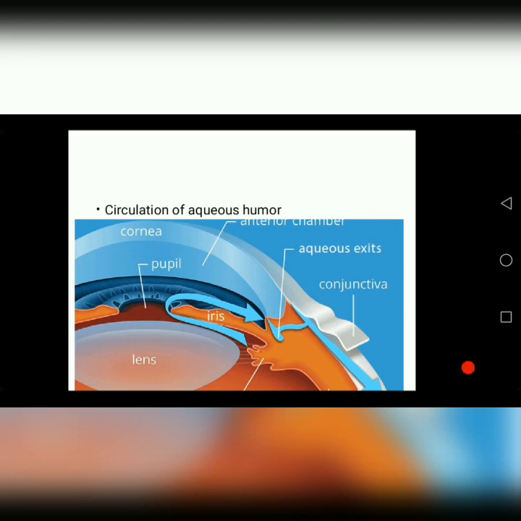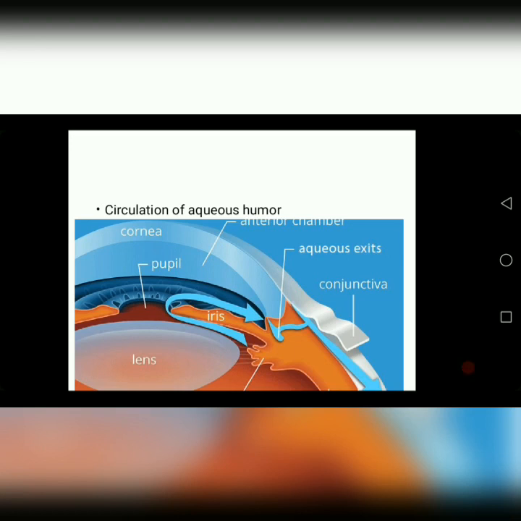This ultrafiltration occurs because the hydrostatic pressure in the blood vessels of the ciliary body is more than the interstitial hydrostatic pressure, and the osmotic pressure inside the interstitium is more than the osmotic pressure in the blood vessel. So the net force drives the fluid from inside the blood vessel to the interstitium. But this is not the main mechanism.